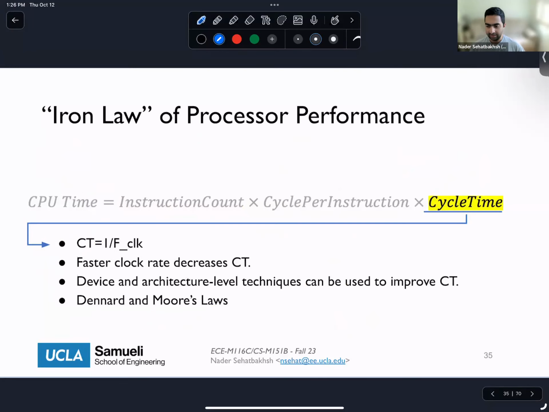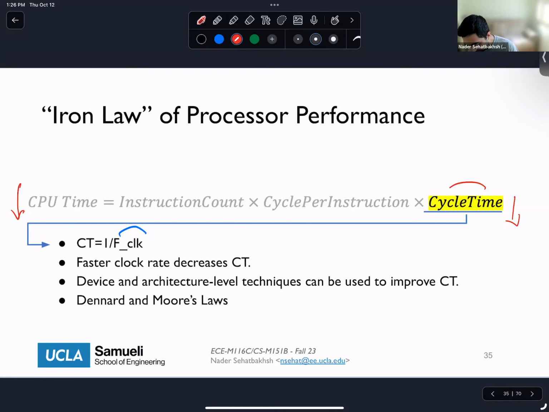And the last thing to talk about is cycle time. So cycle time is essentially 1 over the frequency of the clock. And generally, the main thing to remember about the cycle time is if I have a faster clock, then I can reduce this, okay? So if I can somehow manage to run things faster, then of course I reduce the cycle time and I reduce the CPU time, okay?